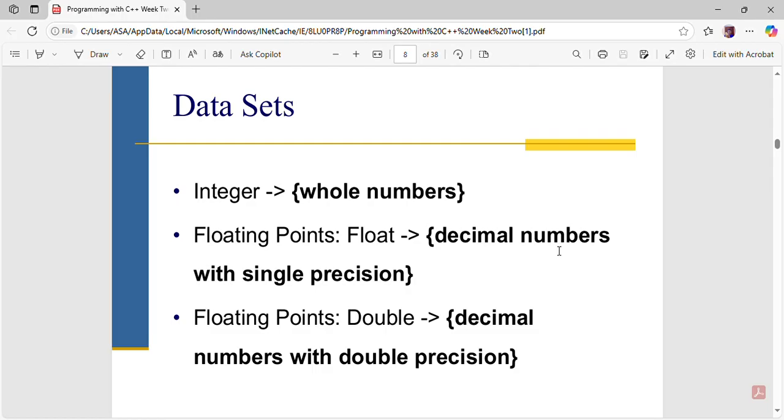We have the integer, which are the whole numbers. We have the floating point, that's the decimal numbers with a single precision. Take note. We have the floating point double, which is the decimal numbers with double precision.